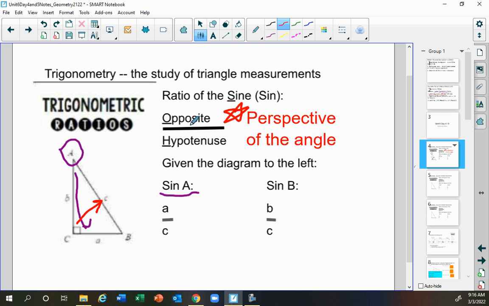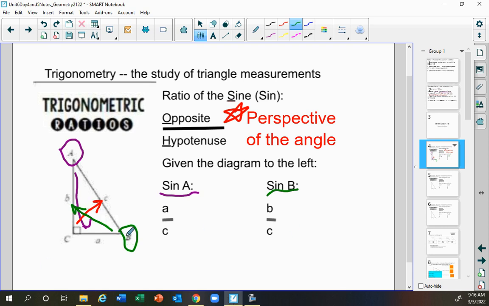So for angle A, the opposite side is across. Now for angle B, again, look where B is located.